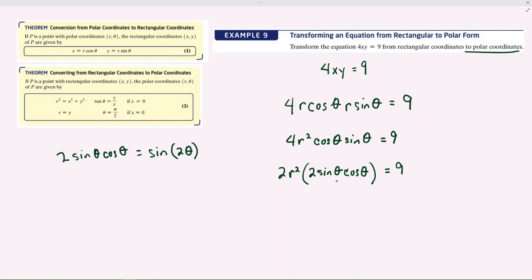Okay, so if we recognize this double angle formula, then we can substitute for it the right-hand side, sine of 2 theta, and makes this a little shorter or more simplified. So this is going to be 2r squared times the sine of 2 theta equals 9.